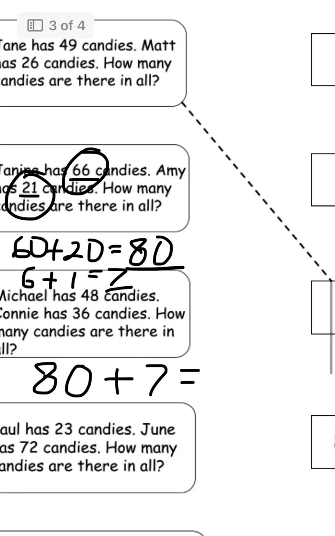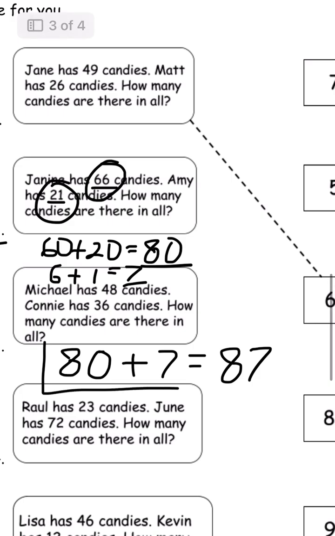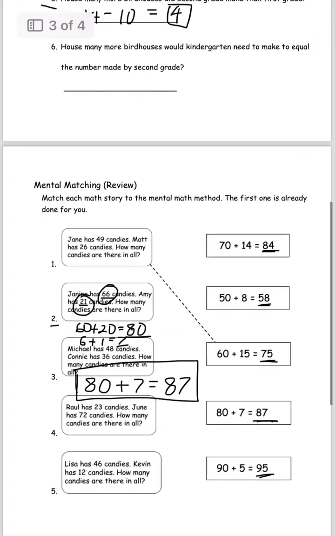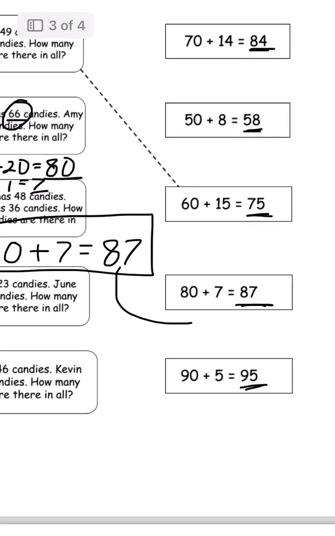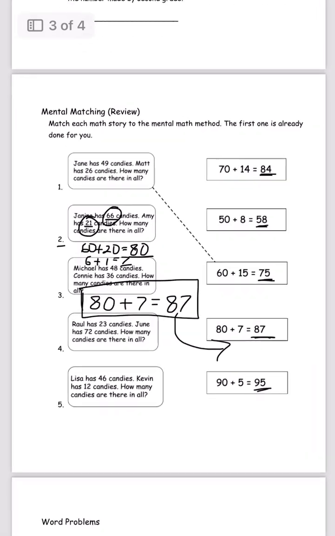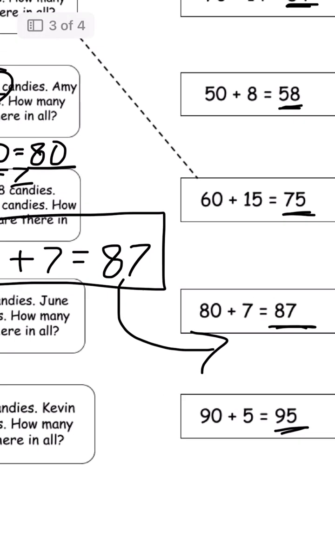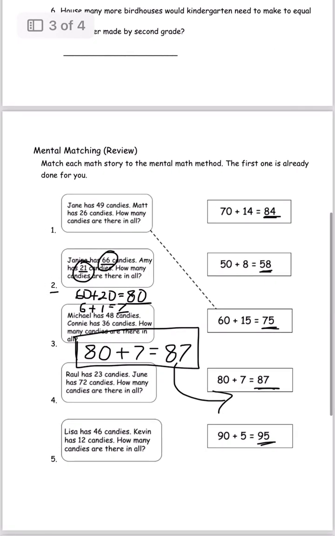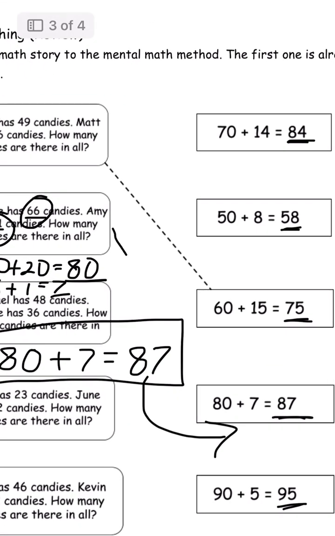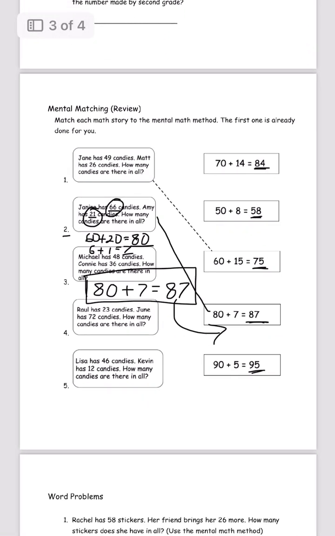So 80 plus 7 is going to be 87. And we're looking for something that would be the same as this. So it's right over here. This one gives us the same mental math method, right? So 80 plus 7 is 87. So we have to connect this to this one. Yes.